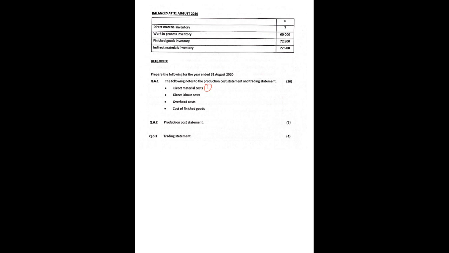So for instance, your direct material, your direct labor, and your overheads must be done first, second, and third. Then you will do your production statement because the final figure for the direct material, the direct labor, and your overheads goes to your production statement.